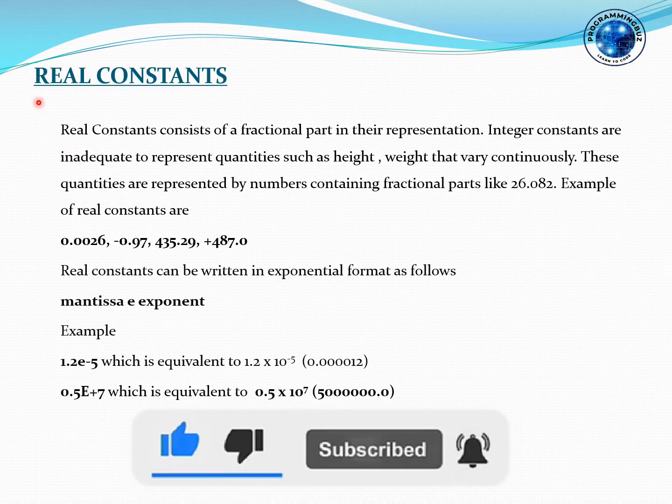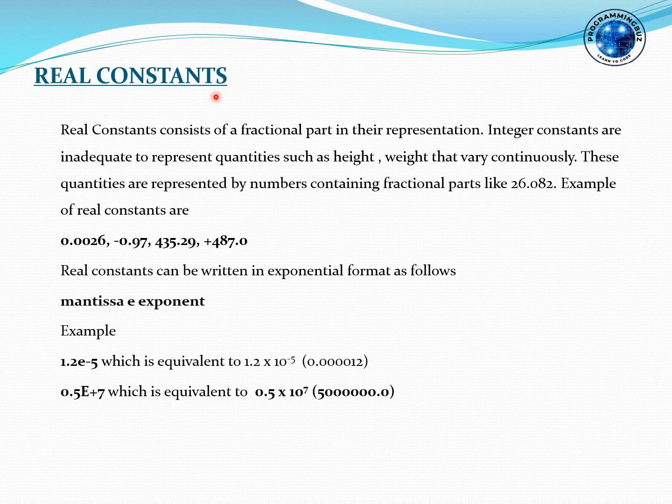The next type of constant is the real constant. Real constants consist of a fractional part in their representation. That means a real constant will contain a decimal point in its representation. Integer constants are sometimes inadequate to represent quantities such as height and weight that vary continuously.